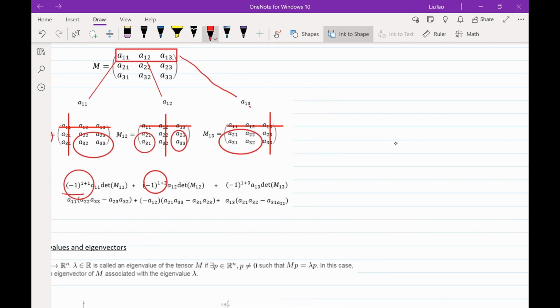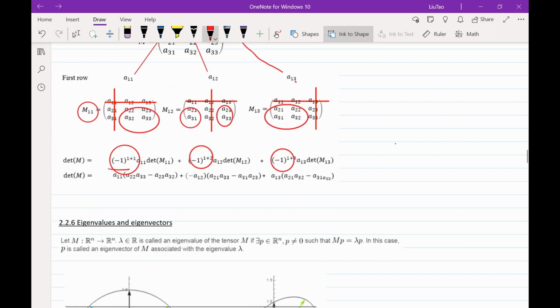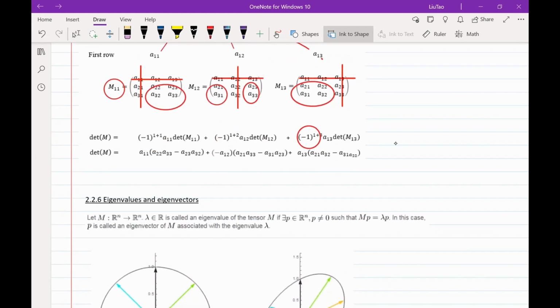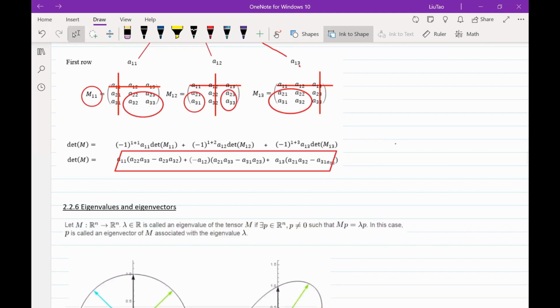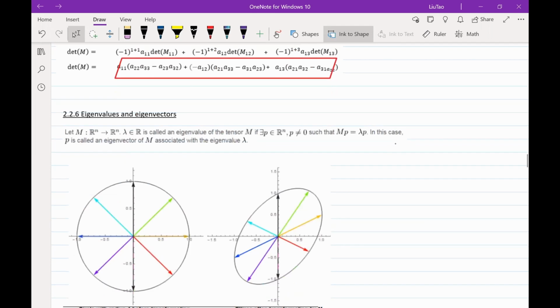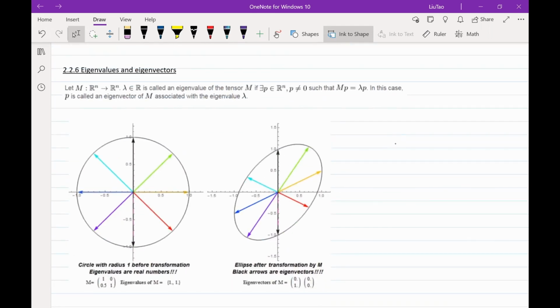And for A13, 1 plus 3 is equal to 4, so this one is a positive sign. When we sum these 3 components and expand them, it will be this. This is the triple product, if you remember the expanded form of a triple product. Any questions? Okay.